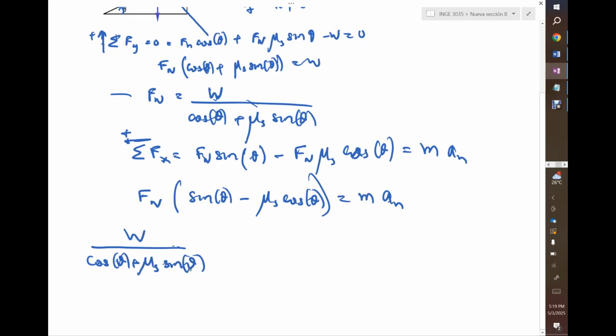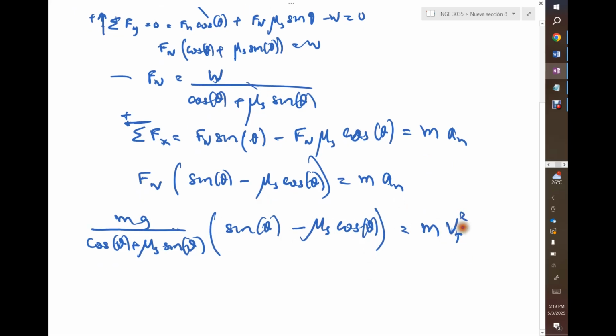Again, W is mg, multiplied by sine of theta minus mu s cosine of theta, close parenthesis, equal m an, which is m vt squared divided by r.